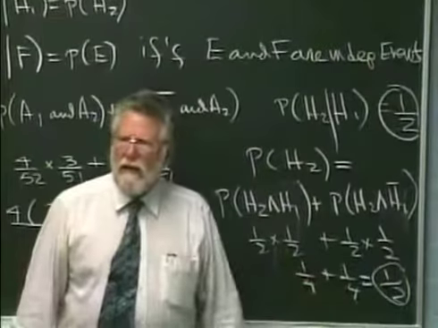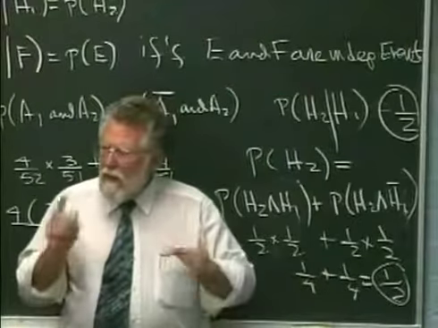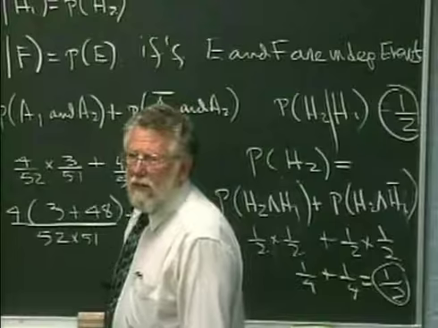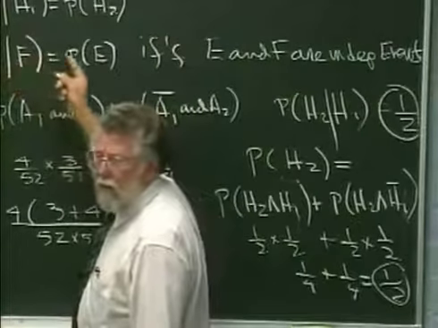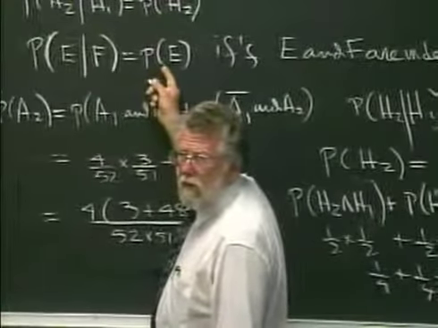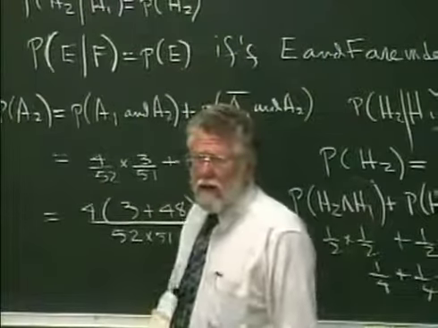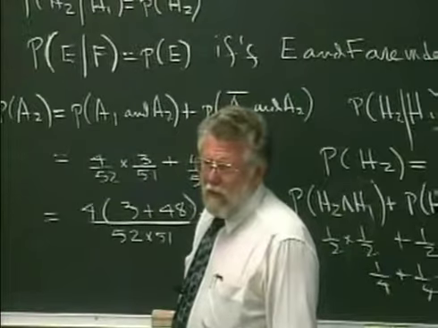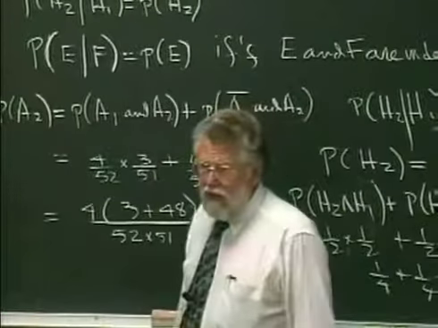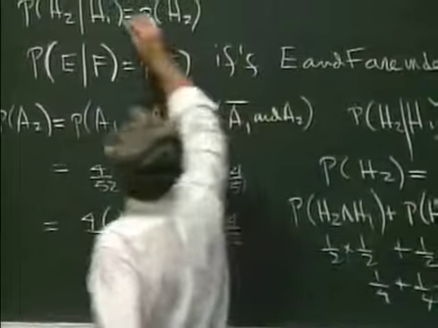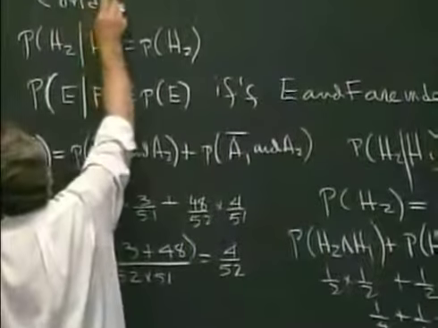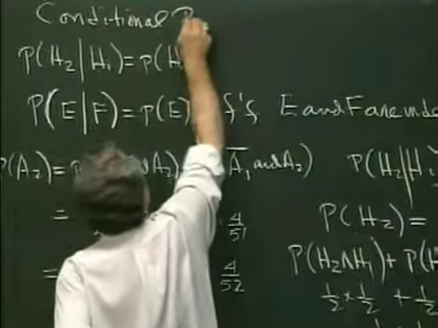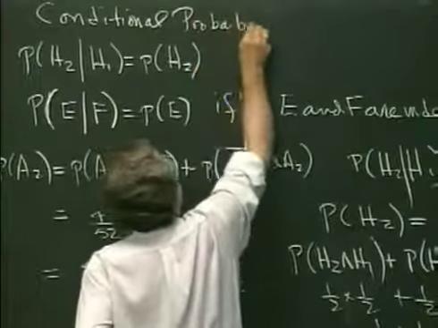But the argument of independence is predicated on the statement that these two probabilities are equal if and only if E and F are independent. Now that's what Chapter 12 is about. We call this conditional probability, and the tree diagram is very important to this concept.